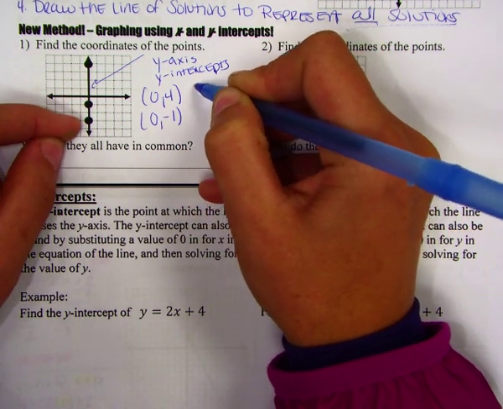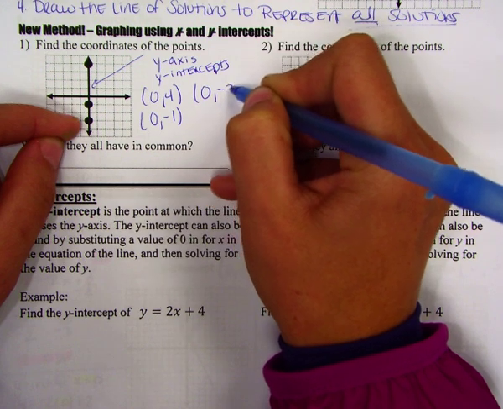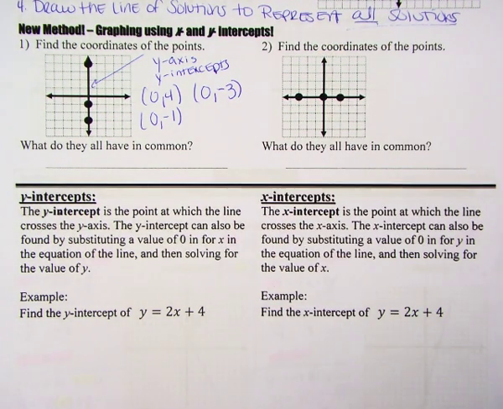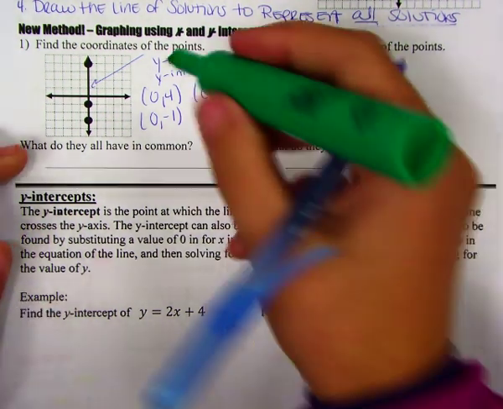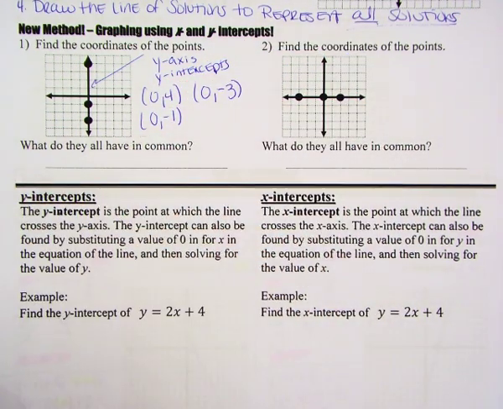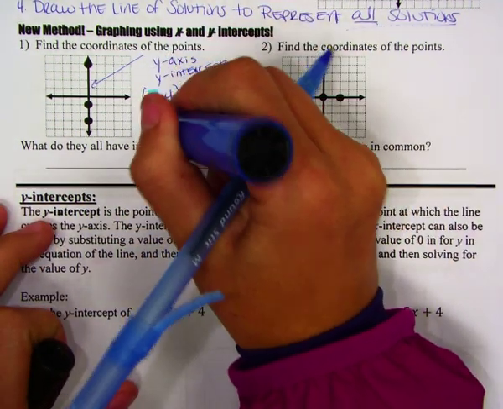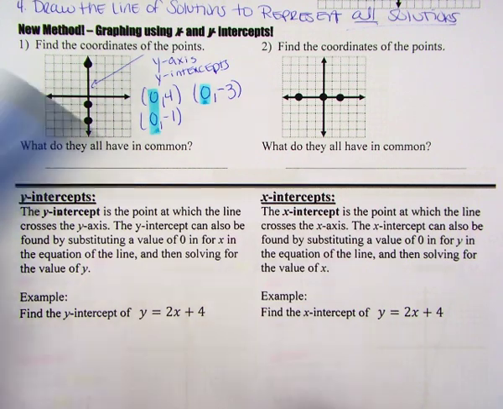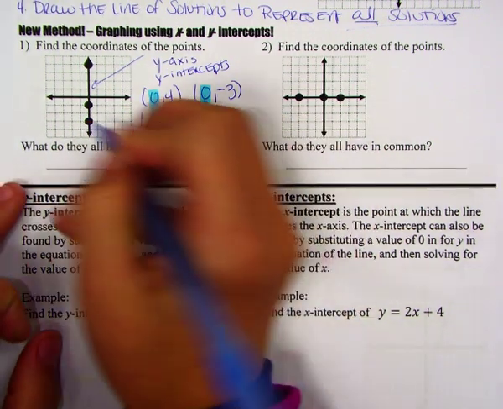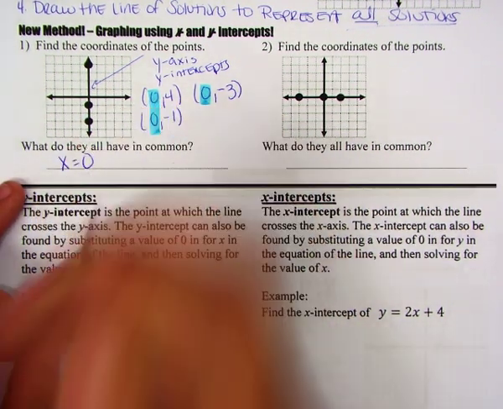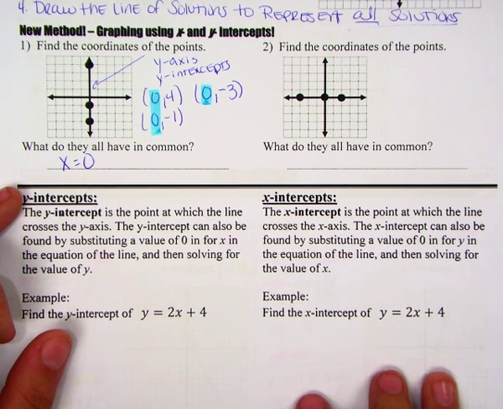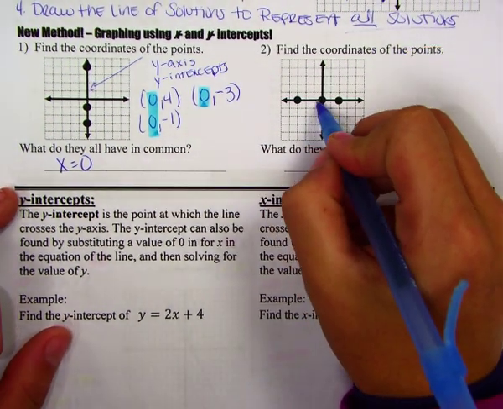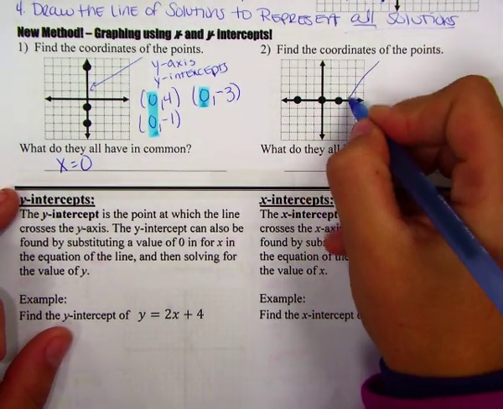And this point is 0, negative 3. What do these all have in common? Well, they all have a 0 as the x value. X equals 0.